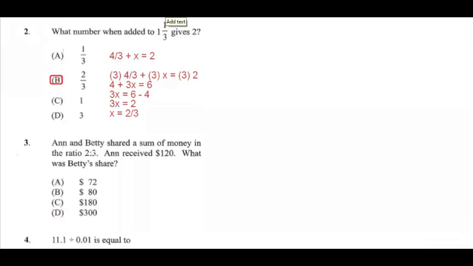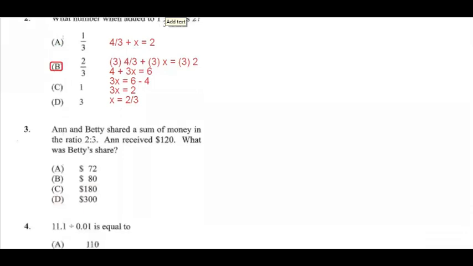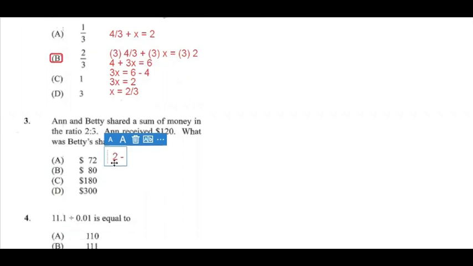Number 3 states, Anne and Betty shared a sum of money in the ratio 2:3 and received $120. What was Betty's share? This also is a repeat question from the 2011 paper. So therefore, if Anne's share, which is 2, is $120, what is Betty's share, which is 3? And that is equal to x. So therefore we're solving for x, so we're cross multiplying to make x the subject.